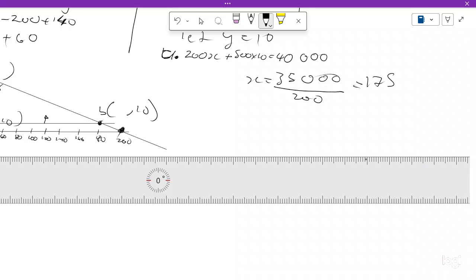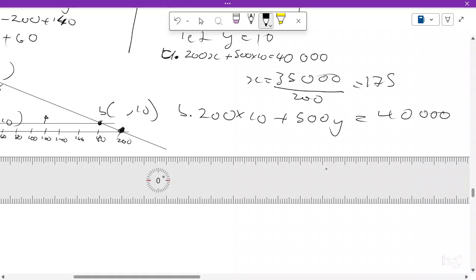Okay, number one. Then for B, let X equal 10: 200 multiplied by 10 plus 500Y equals 40,000.